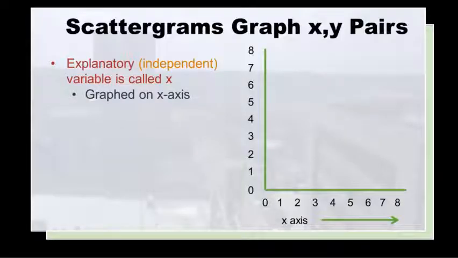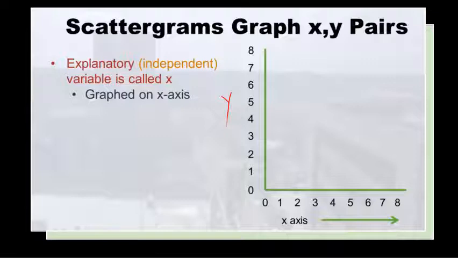Okay, so scattergrams. In scattergrams, you are going to be graphing X and Y pairs. What does that mean? Well, first of all, let's look at the axes. We're going to have two different axes, our x-axis and our y-axis, okay? And these two are usually graphed against each other.